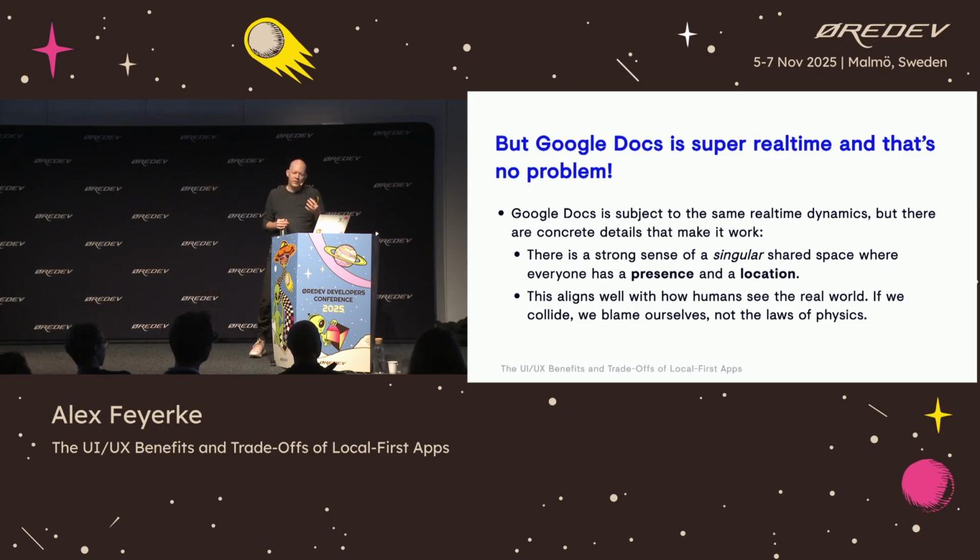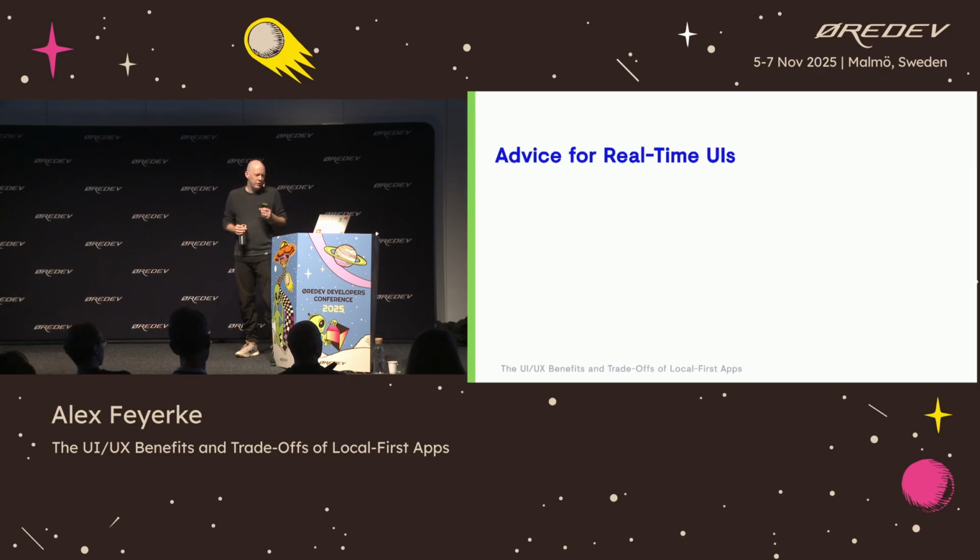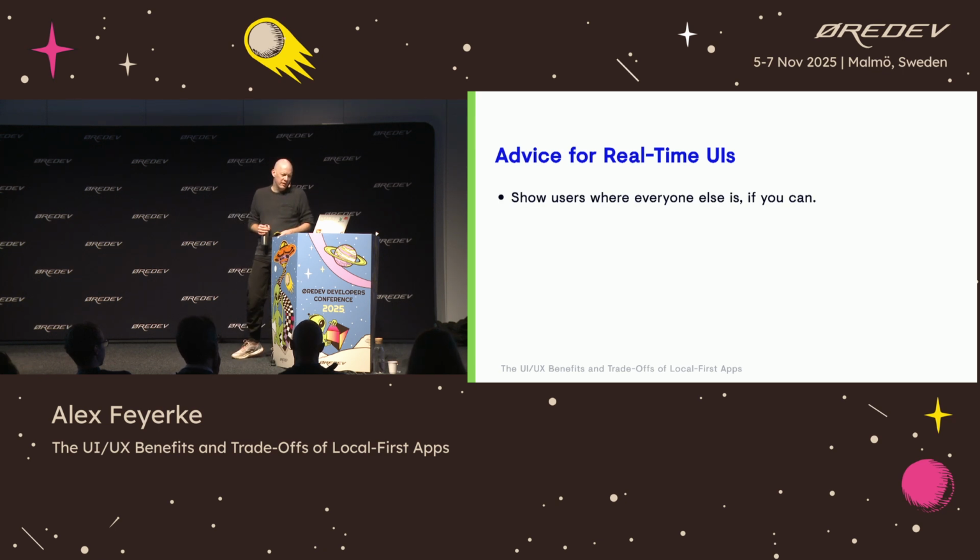And also keep in mind, Google Docs effectively communicates every single keystroke to everyone. That isn't an easily transferable technical solution that fits a lot of other use cases. So what to do? I know these events all seem rare, but they can really add up and become grating. If you can, show users where everyone else is.